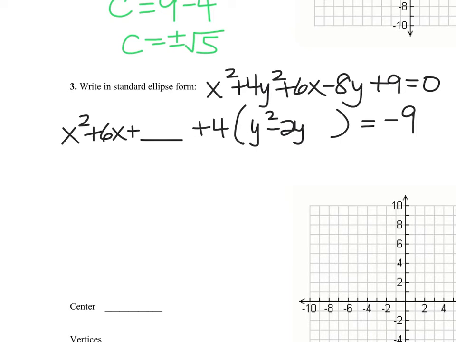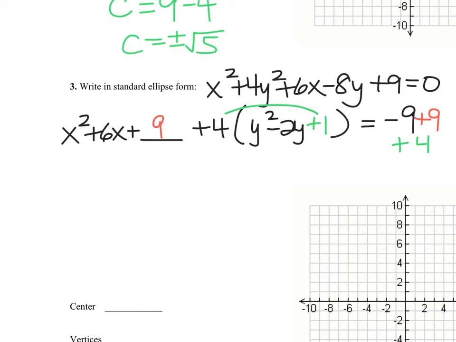All right, so now we're going to complete the square. We're going to take half of b, half of 6, which is 3, and square it, and we're going to add 9 to both sides. Then we're going to take half of -2, which is -1, square that, and you get +1, but you're going to add what to the other side? 4. Be careful there. Make sure you add 4 to the other side.